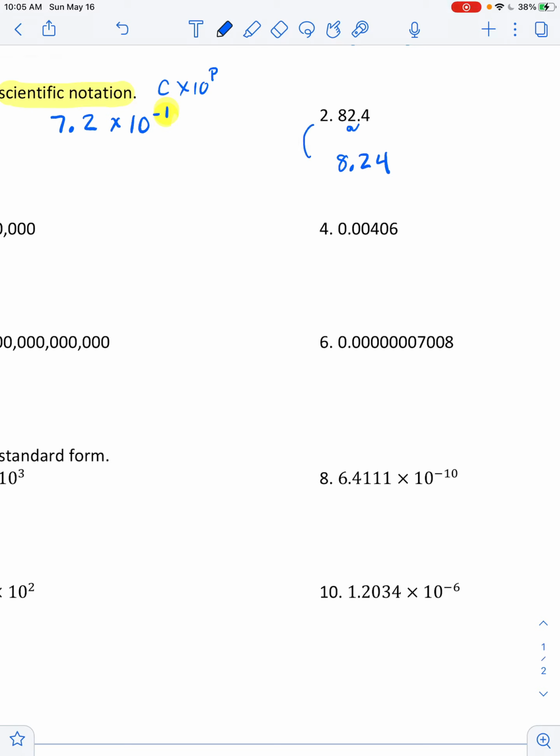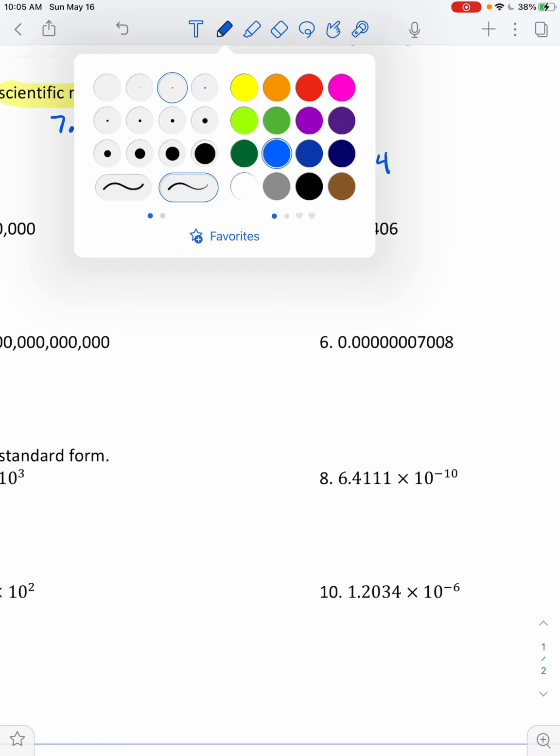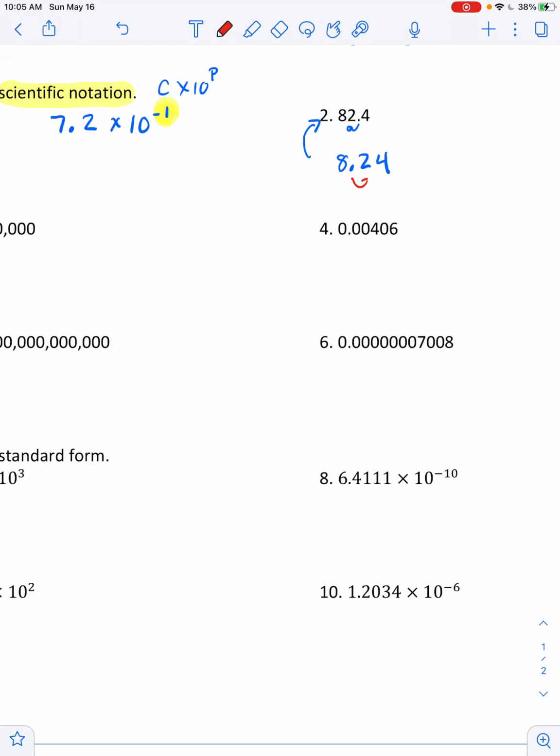In order for this 8.24 to have the same value as 82.4, I'm going to need to scoot that to the right. So I need a 10 to the positive 1, because if I take 8.24 times 10, I'll end up with 82.4, which is exactly what I had.